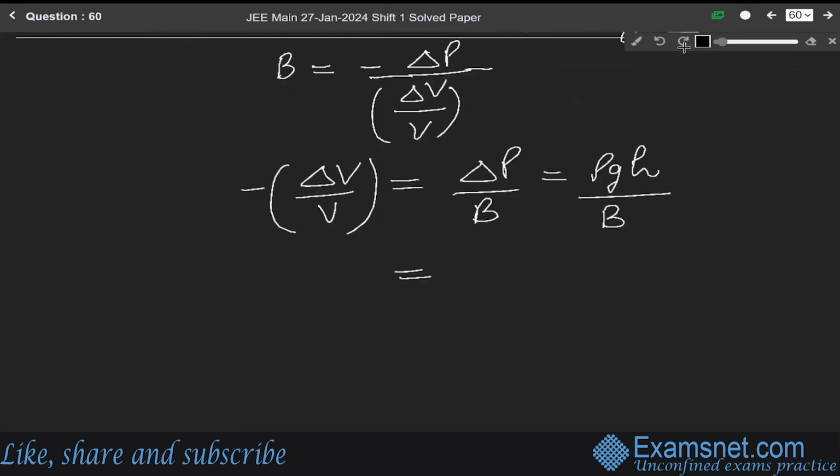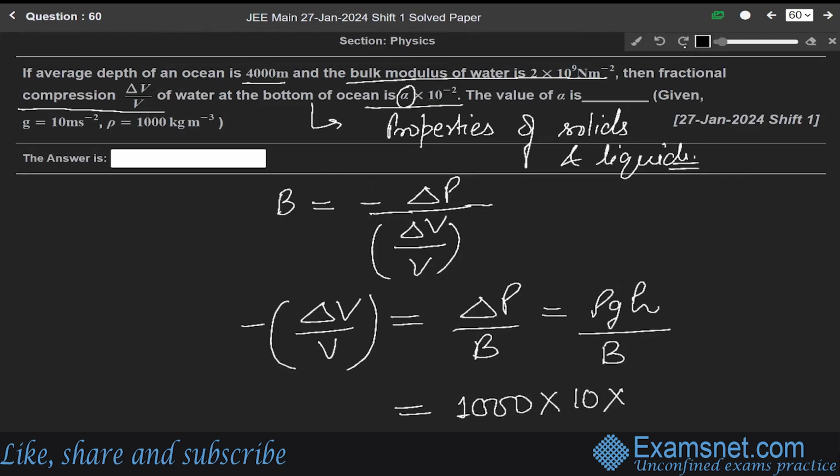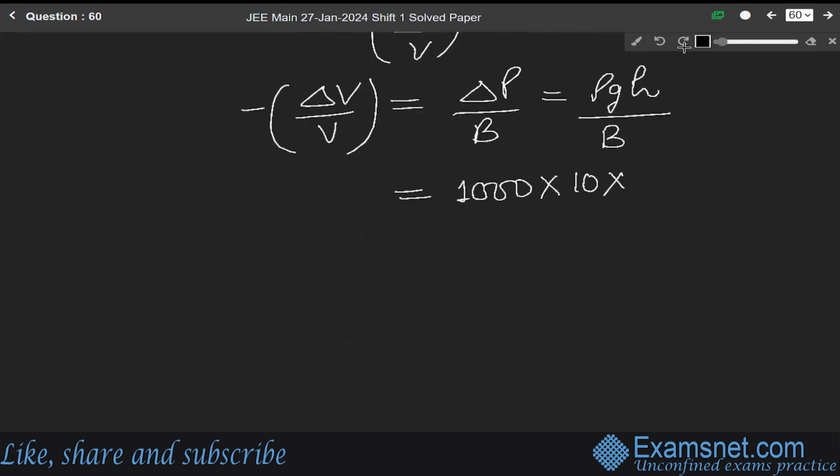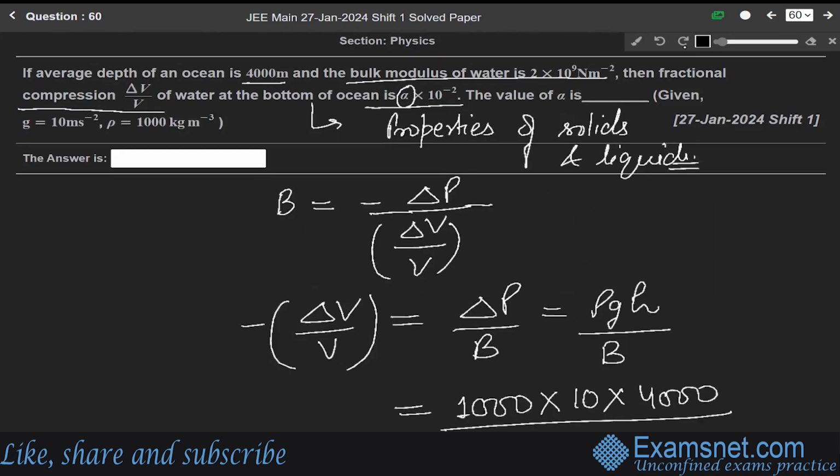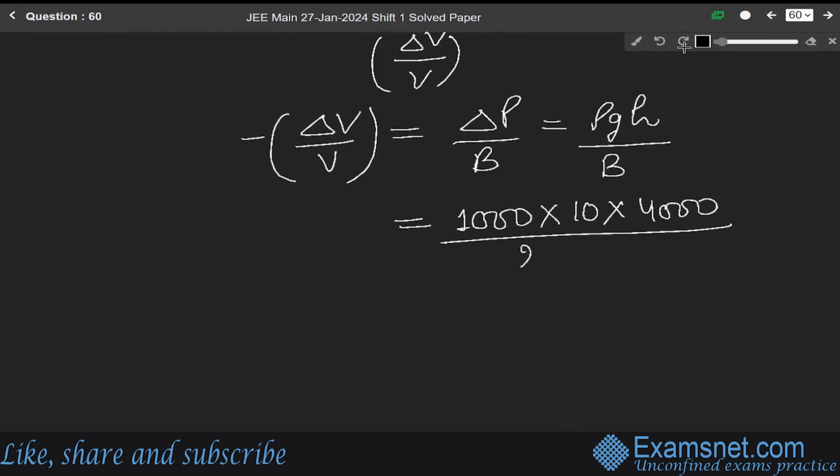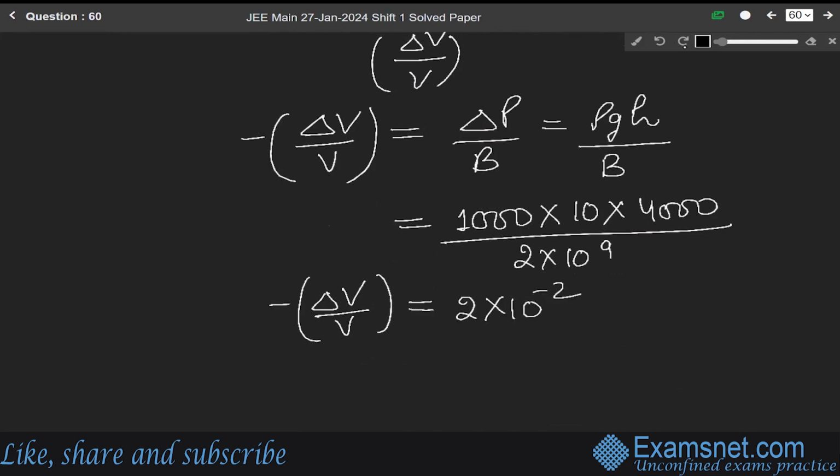It will be equal to density 1000, gravity 10, into H. H is given as 4000 meter, over B. Bulk modulus is given as 2 into 10 to the power 9. So solving this, we get minus delta V over V, the fractional compression, as 2 into 10 to the power minus 2.